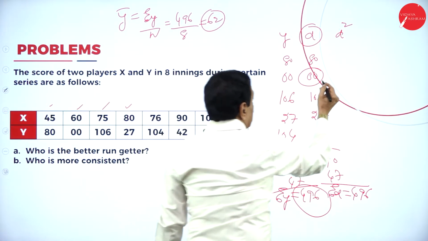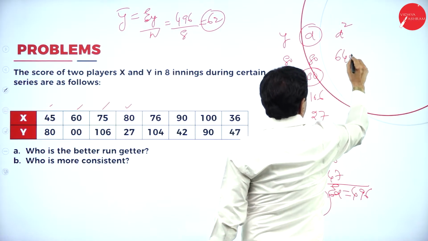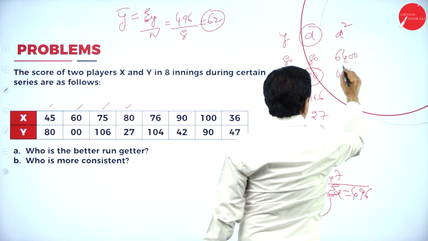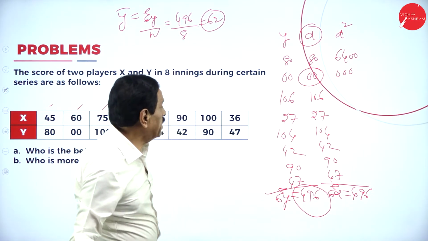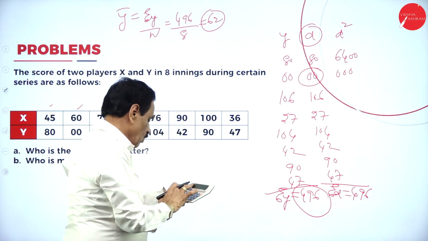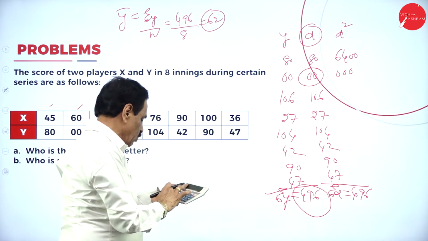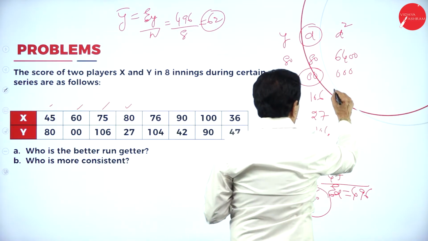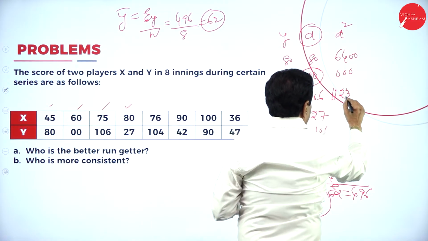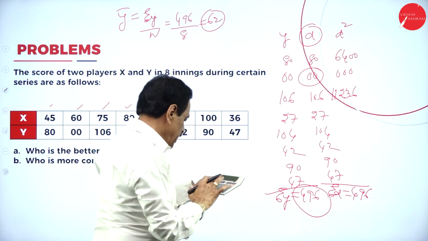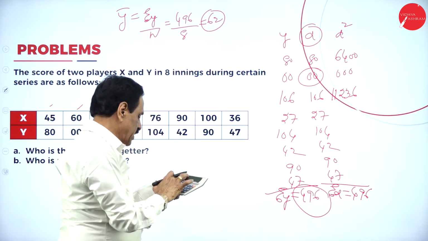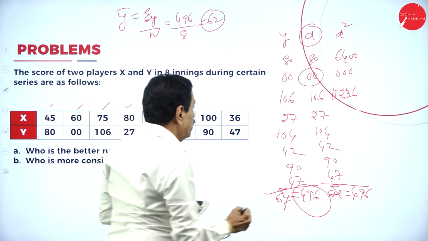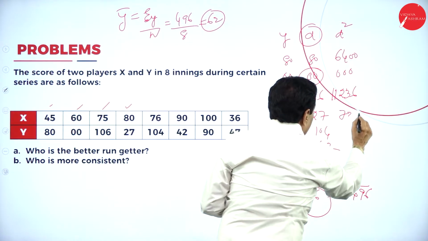80 square is 6400. 106 into 106 is equal to 11,236. Then 27 into 27, 729.